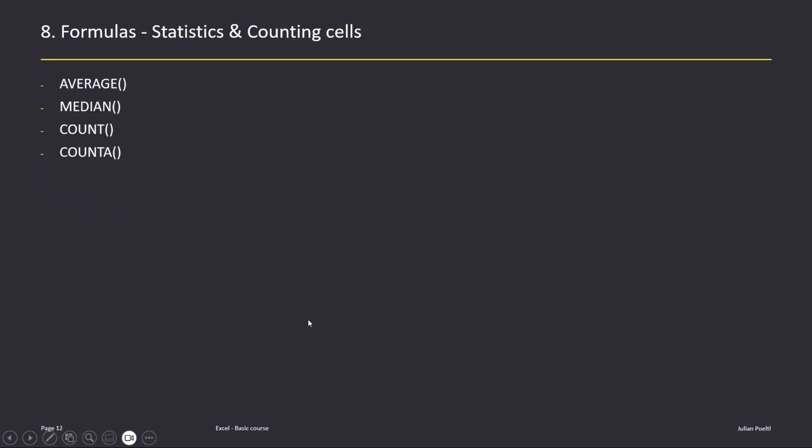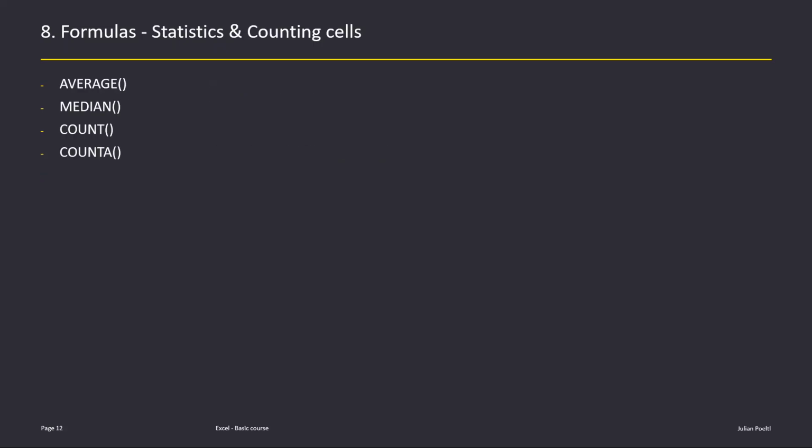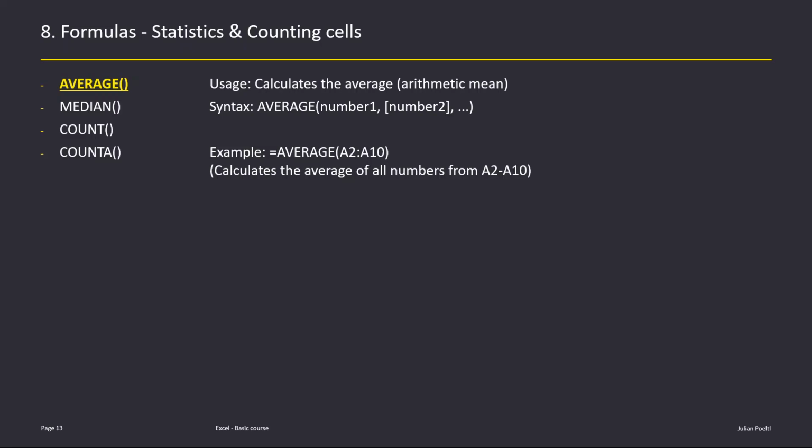So this was the first part about arithmetic formulas, and we now come to what I call the statistics and counting cell formulas or functions, more or less. There's the average function, which calculates the average, so the arithmetic mean of a range.